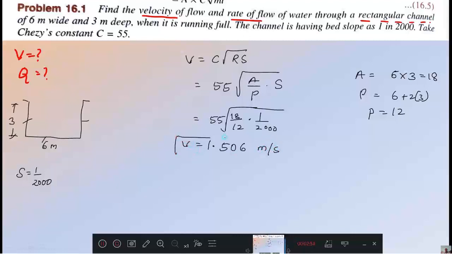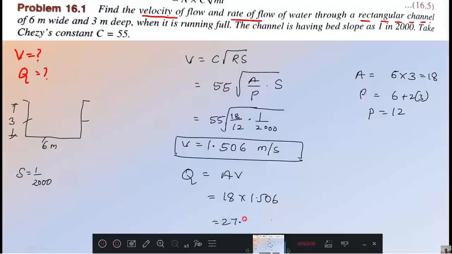We got the velocity, and they wanted the rate of flow, that is Q. Q is equal to A into V. A is 18 and velocity is 1.506, so Q is 27.11 meter cube per second. The problem is solved. If you did not understand, if you want it slow, then you can pause it and go back.